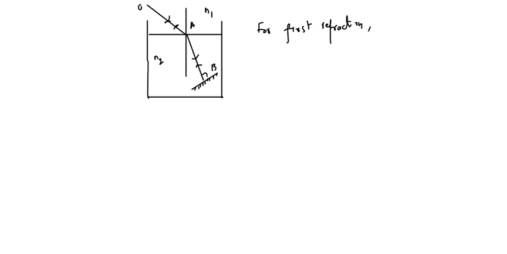So I can write sine I by sine R equal to N2 by N1, as it is going from 1 to 2.